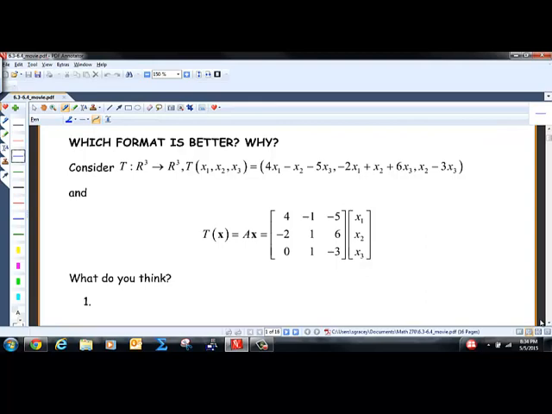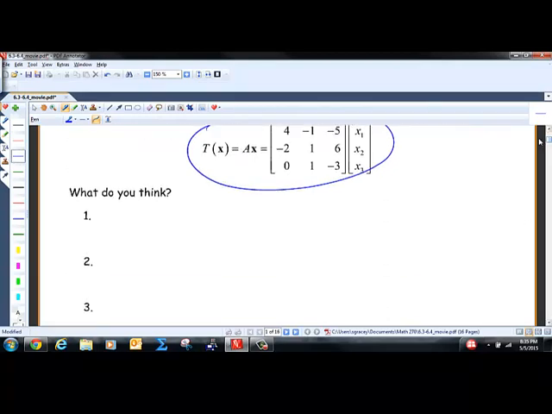You've got a transformation written as above, going from R3 to R3, and that's how your linear transformation is defined. Or you have the corresponding matrix version of the transformation. So what do you think? What might be better and why? I'm with this one, because it's a lot easier to read, and easier to write for sure.